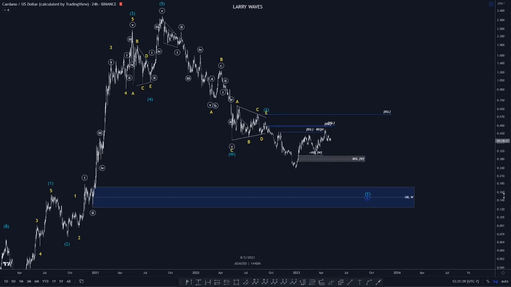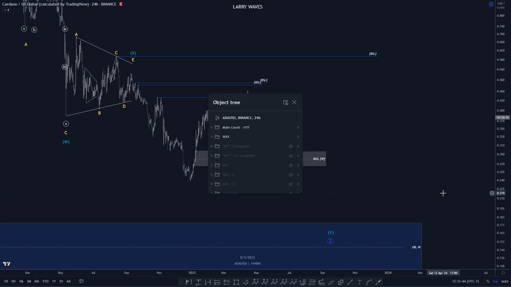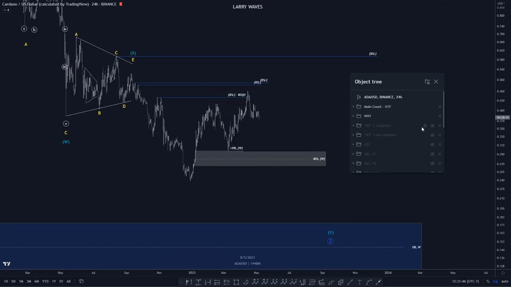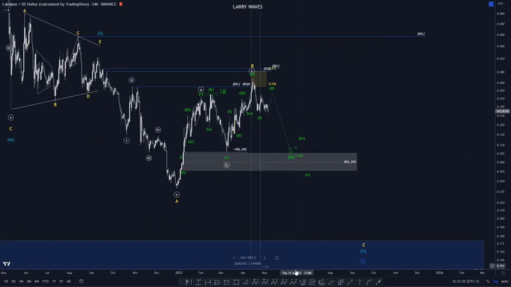So there is one way that I'm viewing this for a push down where the Y wave is not complete. Like I said, we have that impulsive move right here for an A wave. We have a nice, beautiful three wave move right to what we were expecting, right to our golden zone right there.